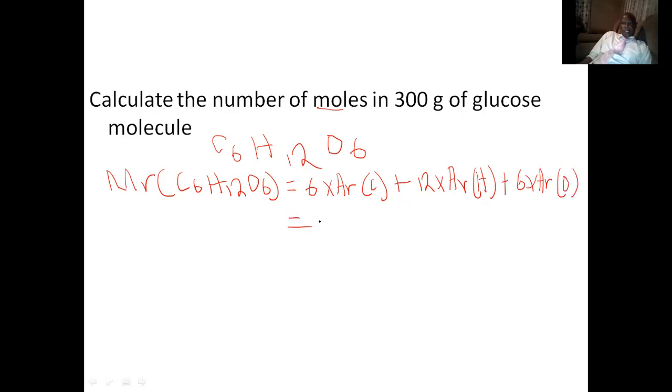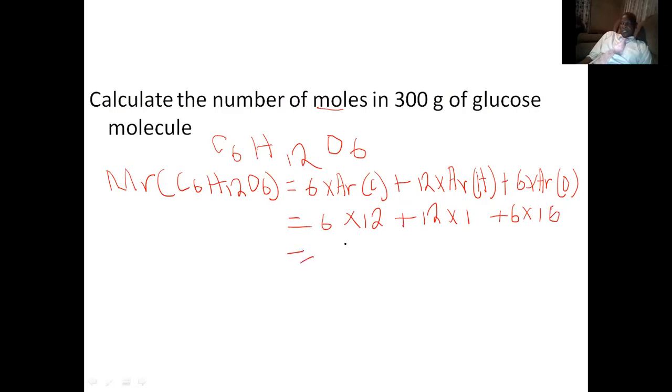And this gives us 6 multiplied by the relative atomic mass for carbon, which is 12, plus 12 multiplied by the relative atomic mass for hydrogen, which is 1, plus 6 multiplied by the relative atomic mass for oxygen, which is 16.